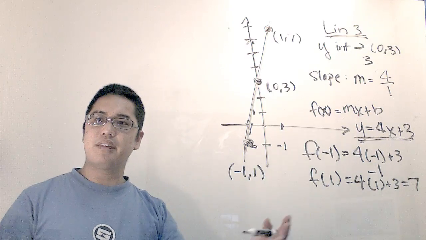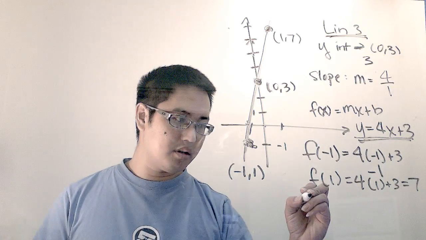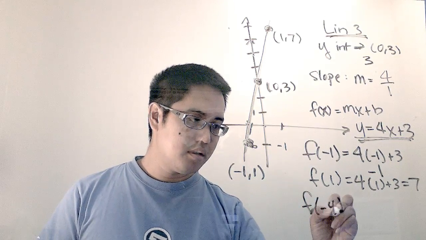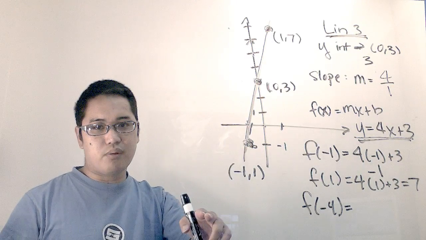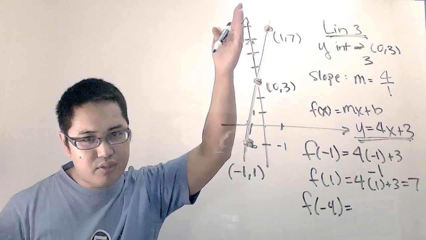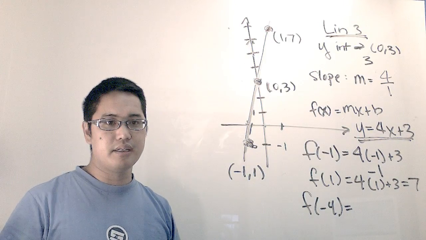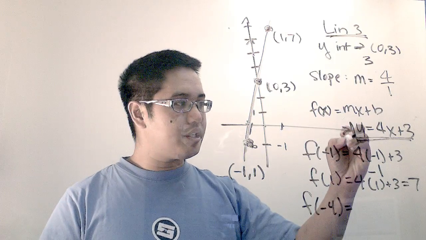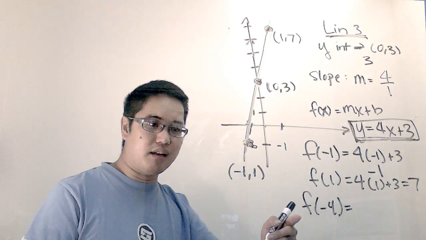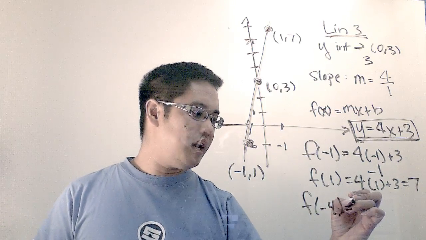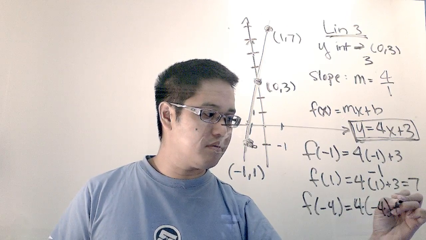But what's nice about the equation is if I asked you, well, what is f of -4? See, the problem is, if I were to do it on the graph, I would have to draw a really long line, and the answer would be way down here, and it would be hard for me to see. But if I have the equation, which is always really nice, I can simply plug in -4 into this thing. So we have 4 times -4 plus 3.